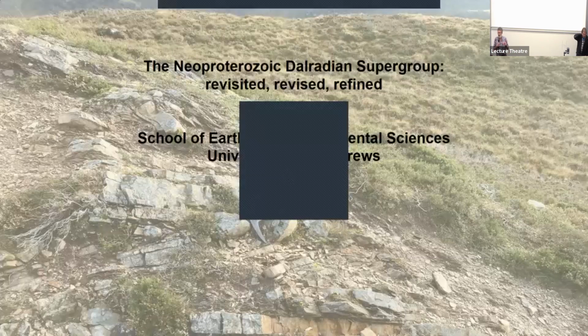For many, many years, it was tackled by people who saw it perhaps as more of a structural problem or a structural entity rather than a depositional entity.